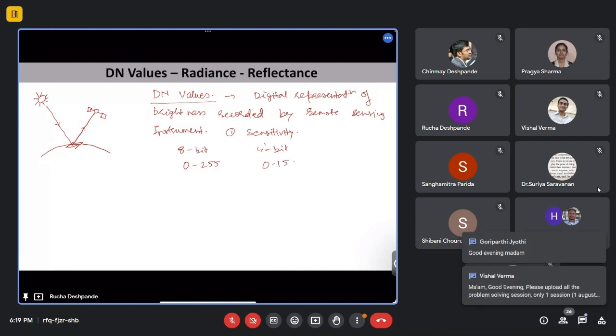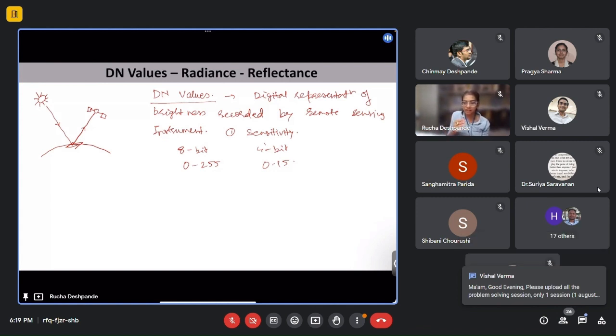So we will not be able to compare the DN values across scenes. If I have a scene from India and a scene from, say, China, but I am only comparing the DN values, then that will not make any sense because it will depend on my sensor and other factors.